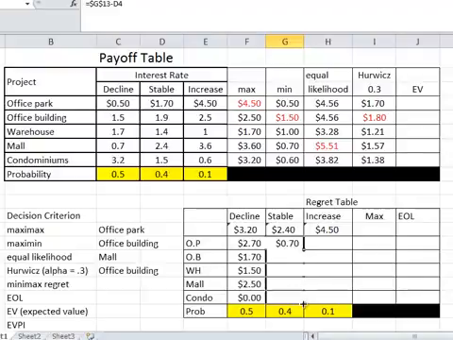Then we calculate all the other 4 regrets. And the regret associated with mall is 0. Why? Because if interest rate is stable, the best we can do is to get $2.4 million, which is associated with Project Mall. In the end, let's find the regrets associated with interest rate going up.